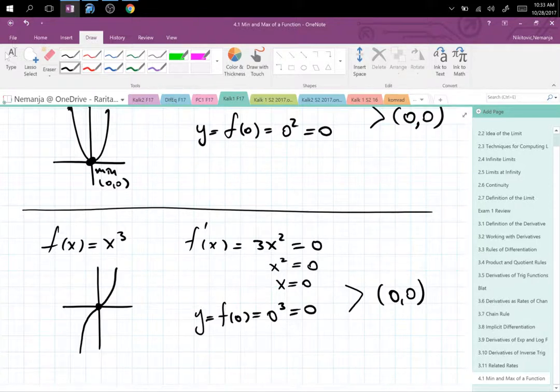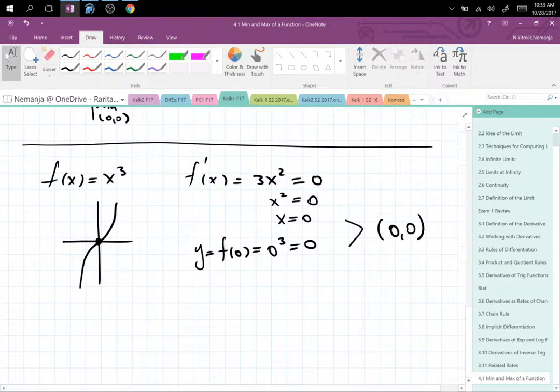You detect a lot of critical points solving these things, but not all of them will give you a min or max. So I'll put here (0, 0), not min, not max. Obviously we have to learn more stuff, and that's coming up in future lectures.